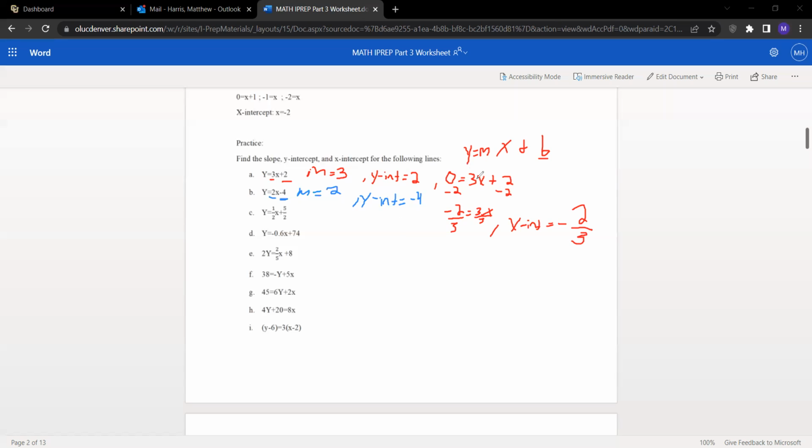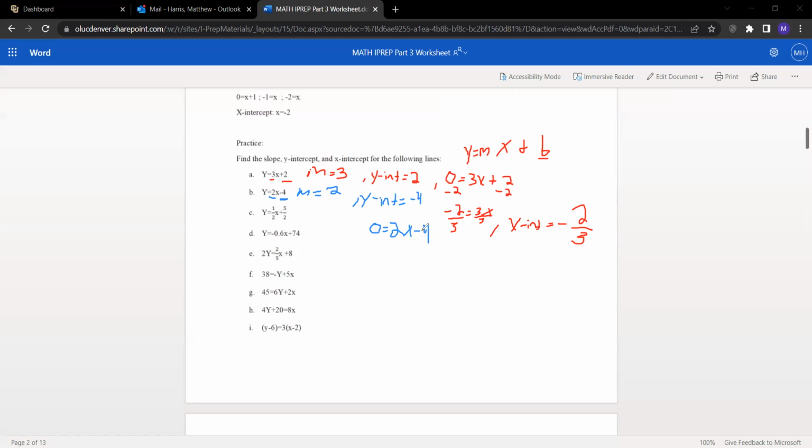Finally, we can look for our x-intercept. To do that, remember, we set our y value to 0. Sorry, I got carried away and looked at the wrong one. It's 2x minus 4.